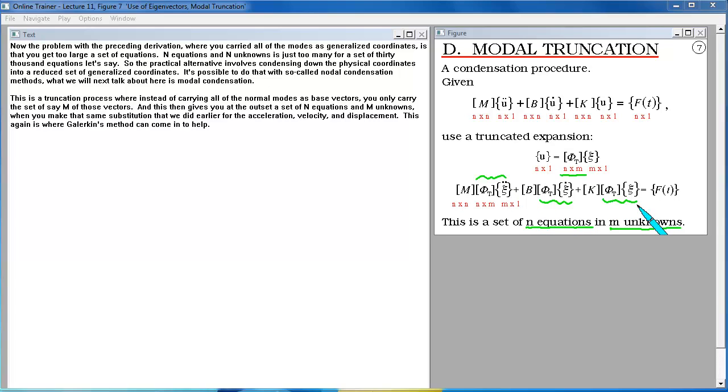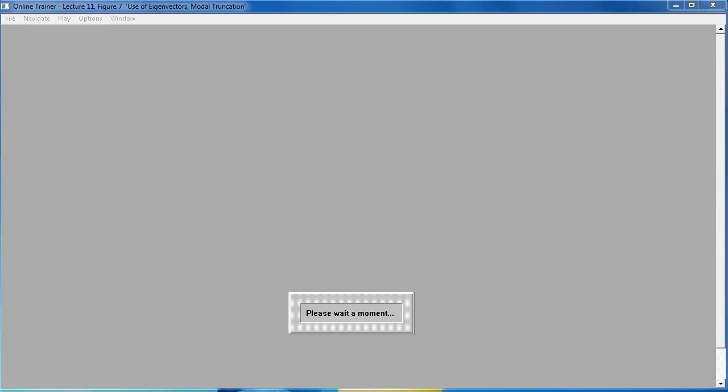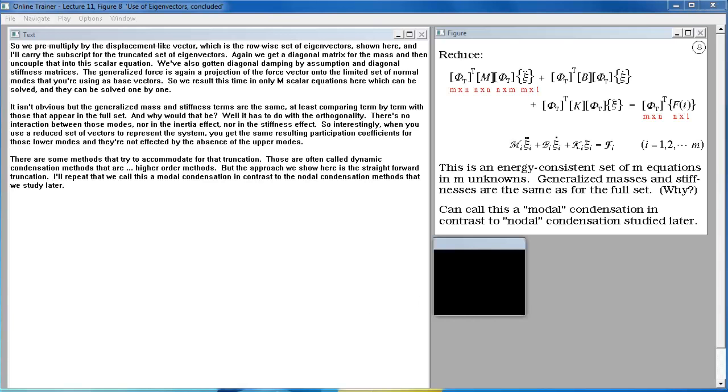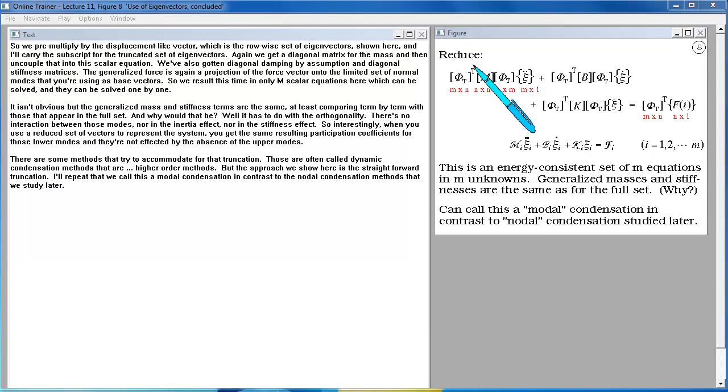This, again, is where Galerkin's method can come in to help. So we pre-multiply by the displacement-like vector, which is the row-wise set of eigenvectors shown here, and I'll carry the subscript for the truncated set of eigenvectors.